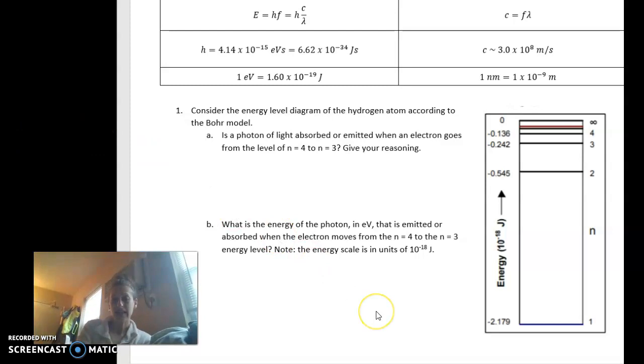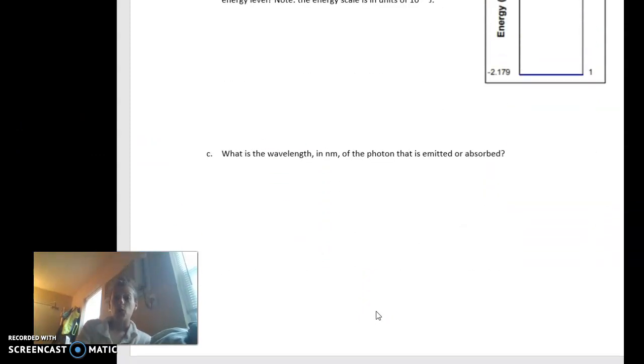Okay, let's move on. What is the wavelength in nanometers of the photon that is emitted or absorbed? The other day, you determined a relationship between energy, Planck's constant, the speed of light, and wavelength. That relationship was E equals h times the speed of light over the wavelength.